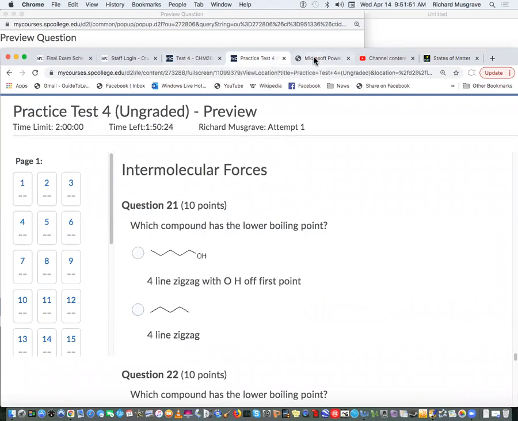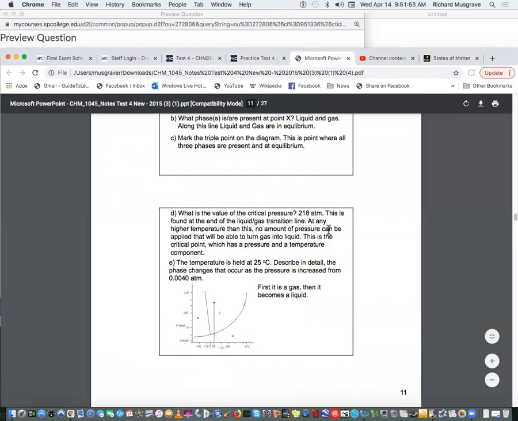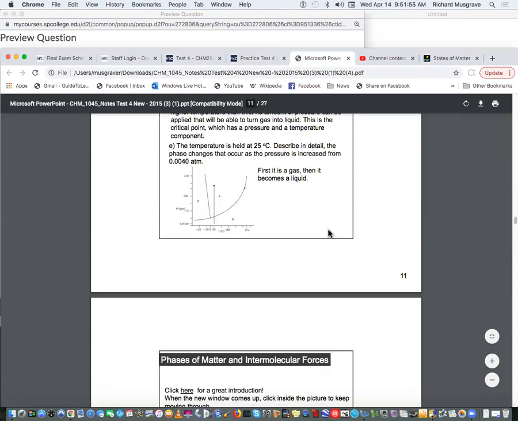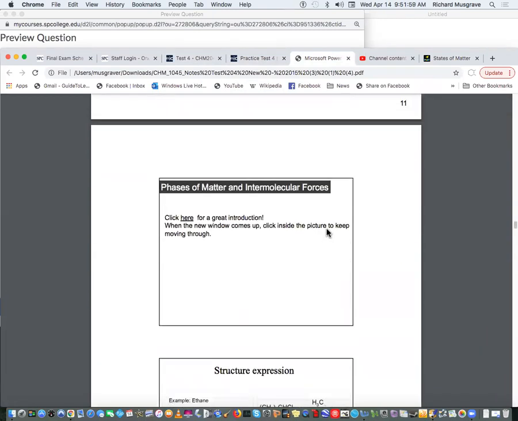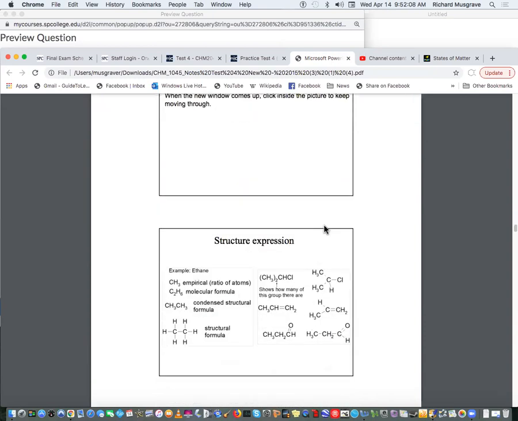Okay, so let's talk now about what kinds of intermolecular forces will allow us to figure out what it is that's keeping these molecules touching each other when they're in liquid phase.